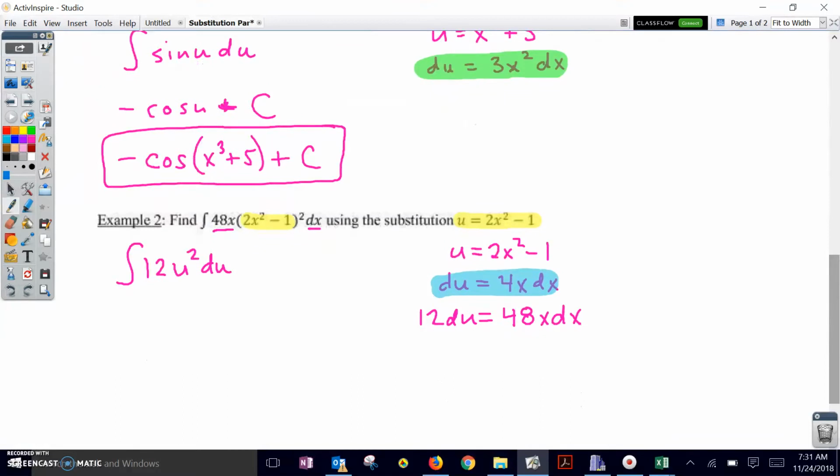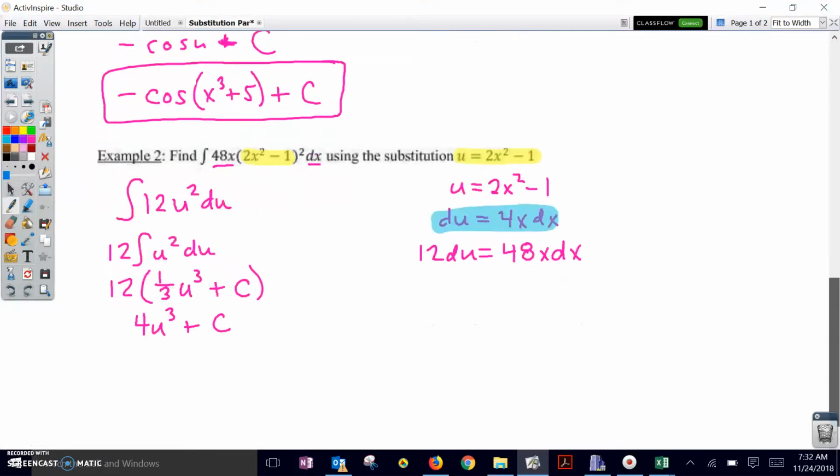Honestly, I would probably remove the 12 from the integral and just think about it this way, since it's a constant multiple. So we've got 12 times 1/3 u to the third plus c. And so that's going to give us 4u to the third plus c.